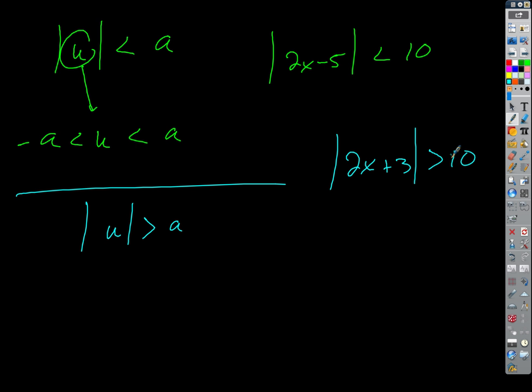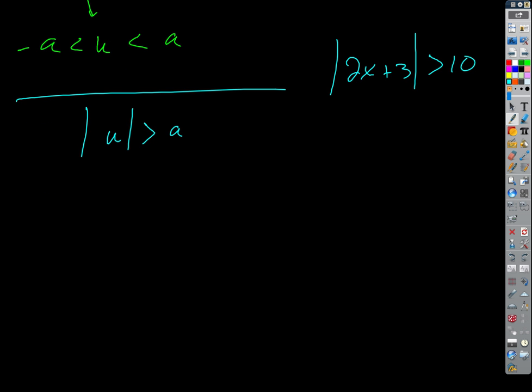Well, any value of x that's going to make this equal to something like 20 would be fine, or 40, but not 5. -20 would be great because the absolute value makes it positive. -40 would be great, but -5 is not. So this time we want big positive or negative values. And so we end up with either what's inside has to be big and positive, or what's inside has to be big and negative, right?